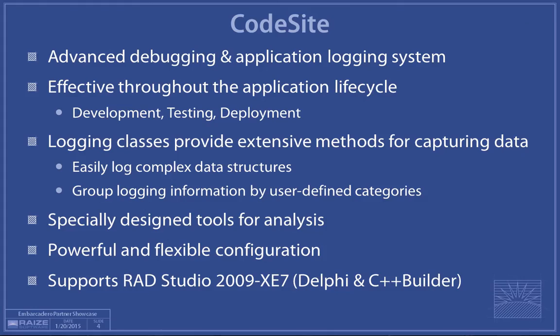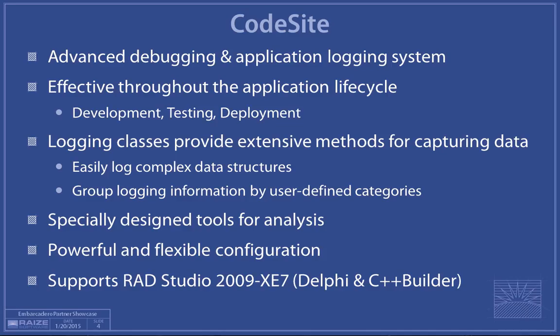Next up is CodeSite, our advanced debugging and application logging system, which is effective all the way from development through deployment. What makes CodeSite unique is both the way we capture data and the tooling that we provide to analyze that data. Rather than give you a simple function to log a string, we give you logging classes to log all kinds of data, from simple data structures, strings, integers, etc., all the way to complex data structures like data sets and objects and files and so forth.